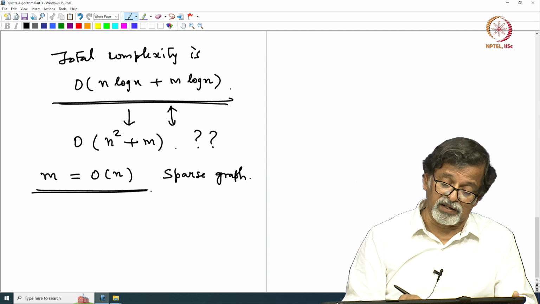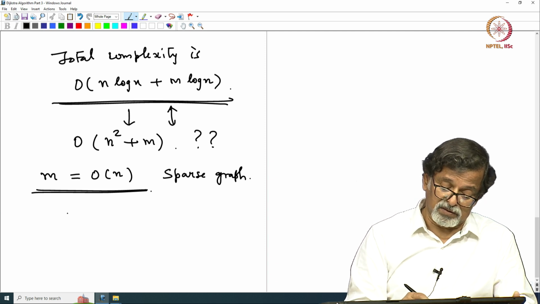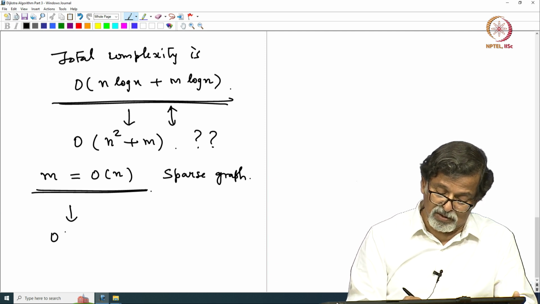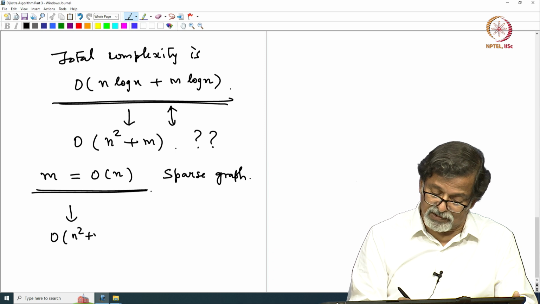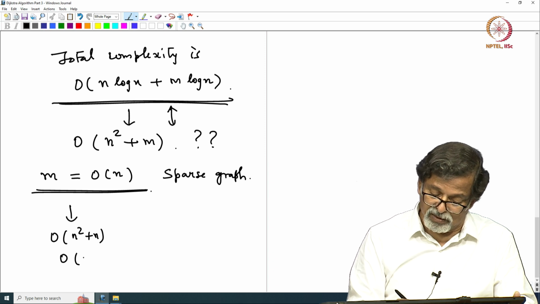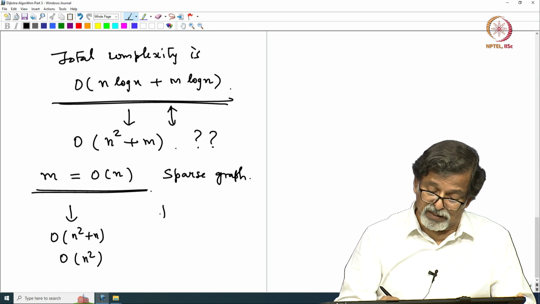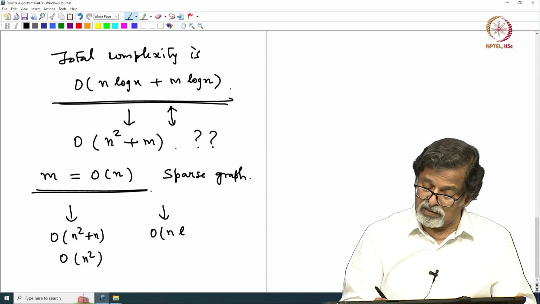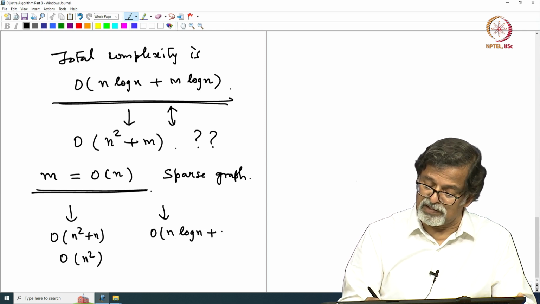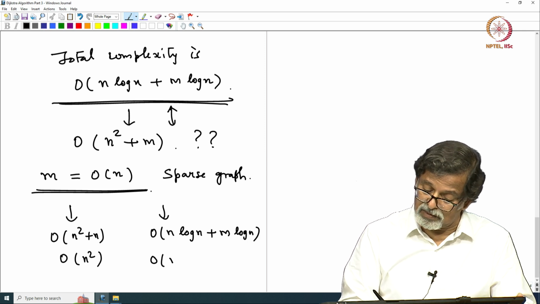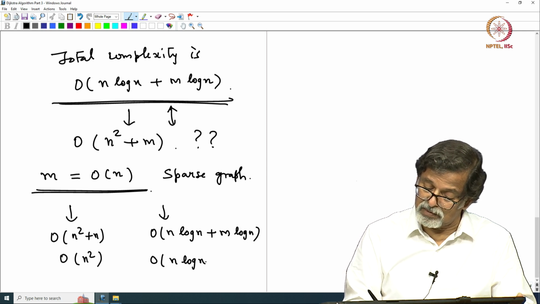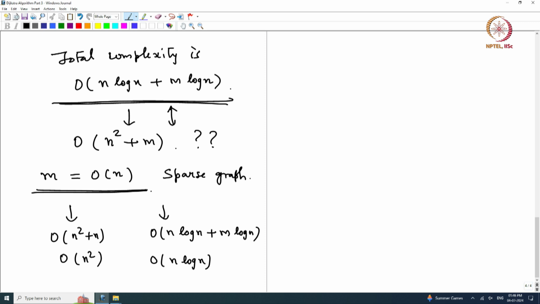If m is order n, the array based one is order n square plus n, which is still order n square. The n log n plus m log n becomes order n log n because m is order n.